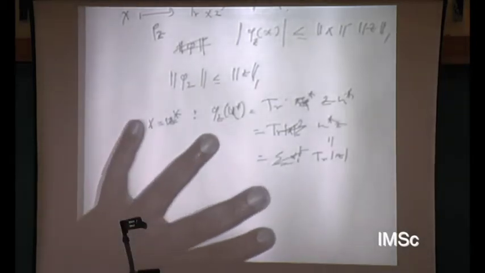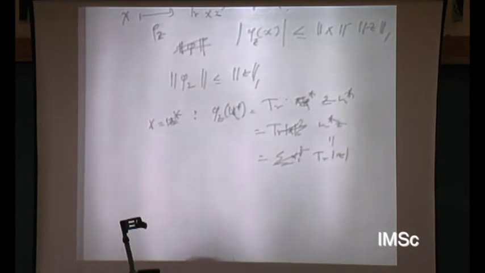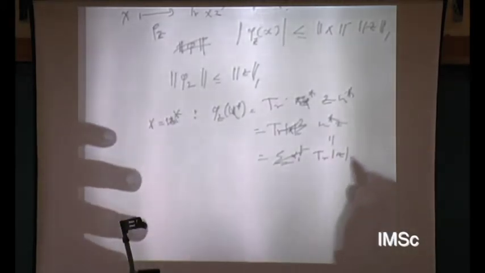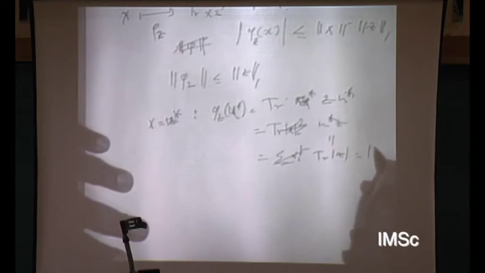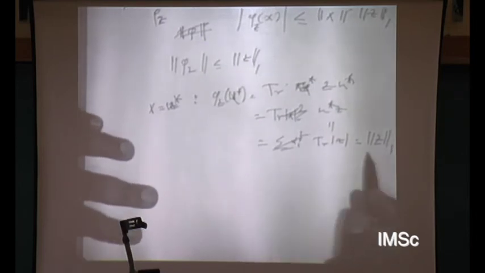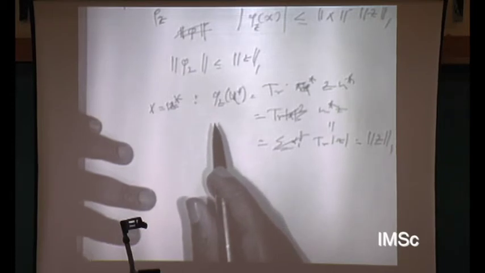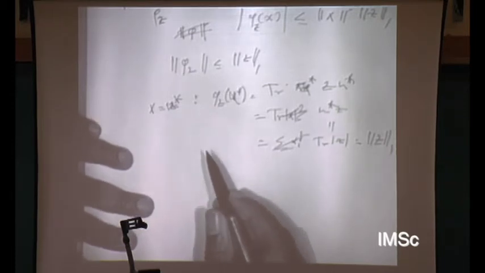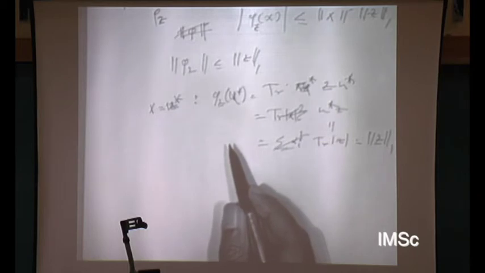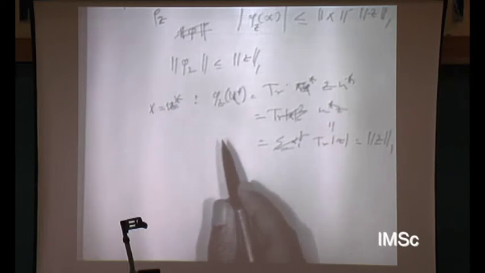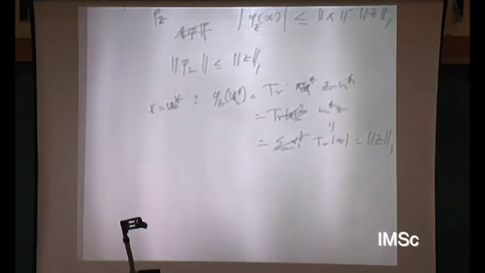So this says that u star has operator norm 1. That means this value is attained at some point in the unit ball. And if you recall, there was this thing that I don't know if I did that or not.